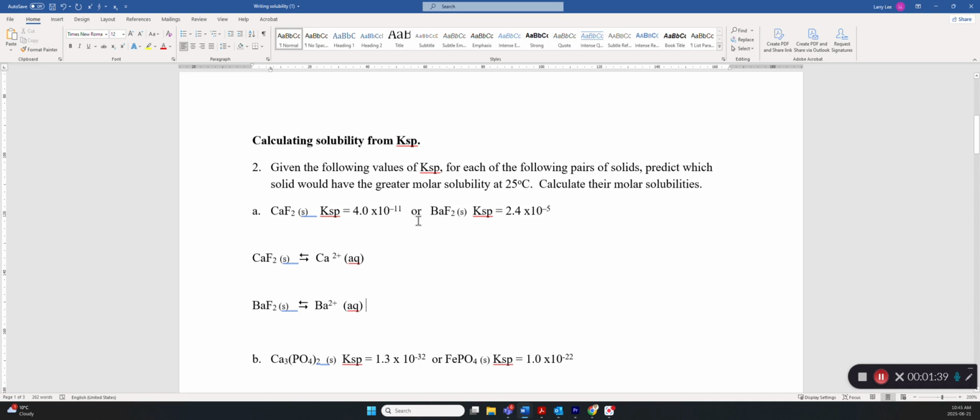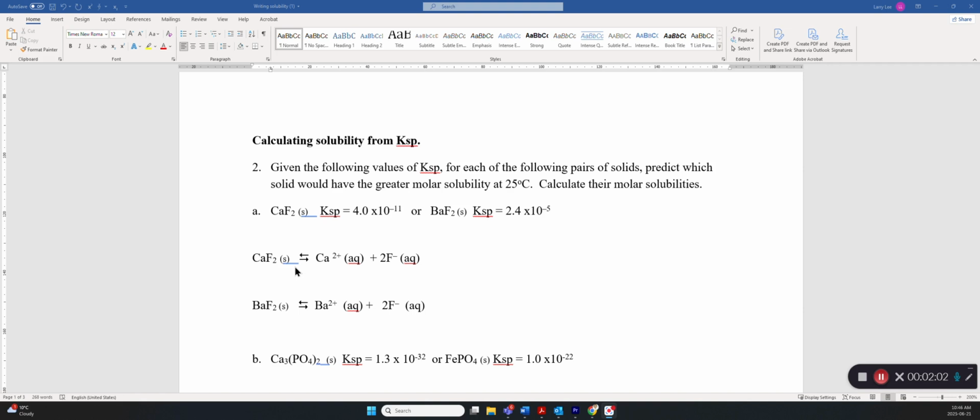And then the fluoride, remember, was -1, and there are 2 fluorides in the formula. So that's where you put the 2 in the front and put 2F-. So now you have the balanced chemical equation for the dissolution or the solvation of calcium fluoride in water.